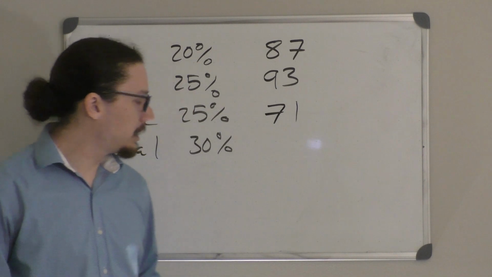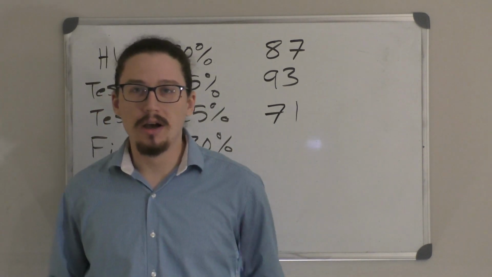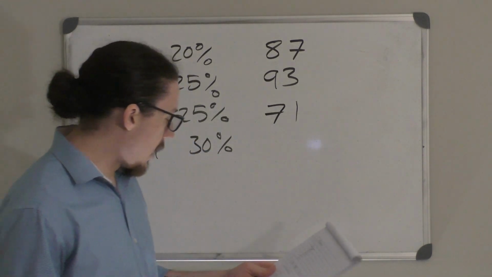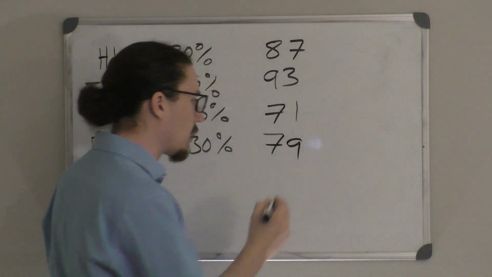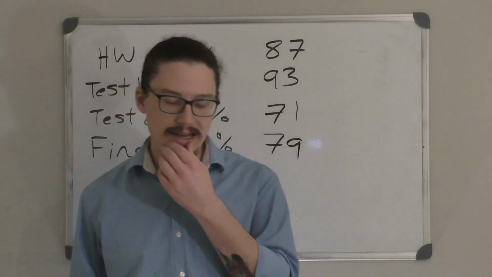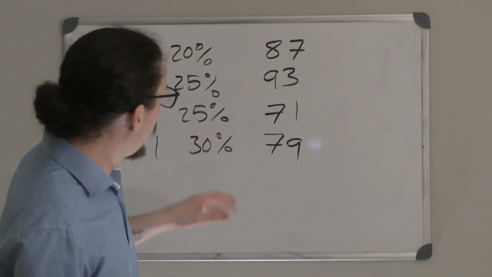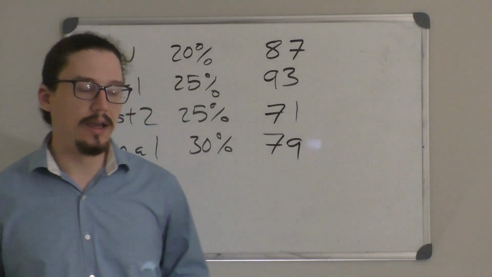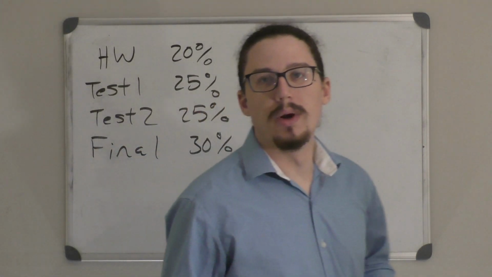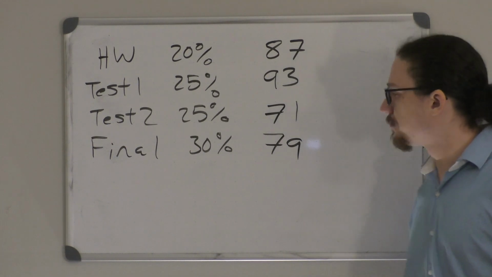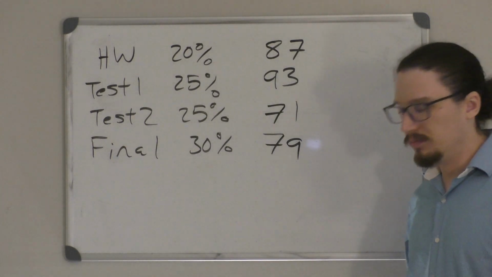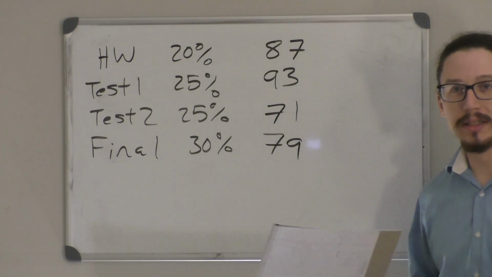Also, test 2 is just hard. It is a difficult test, I'll go ahead and tell you that. Let's say you get a 71 on that. And then for the final, you get a 79. With this information, we can calculate our weighted average.